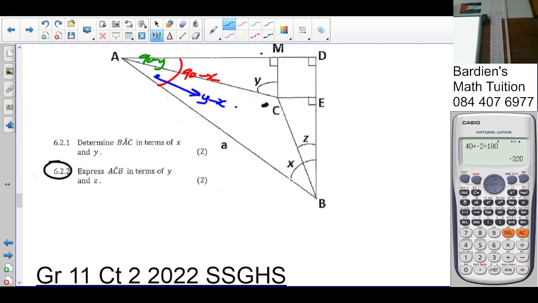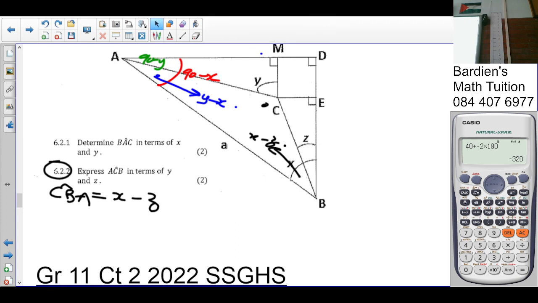So in other words, I first need to know what this angle is here. Not so? So I'm going to first say that CBA is equal to x, the bigger angle, minus z. So this angle here is x minus z. So now I'm going to go with the sum of angles in that triangle to calculate ACB. Okay?